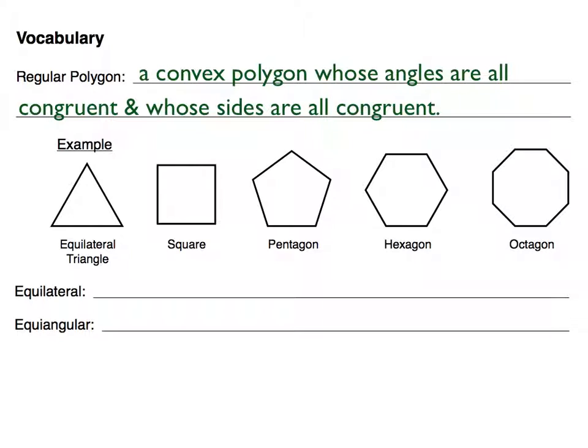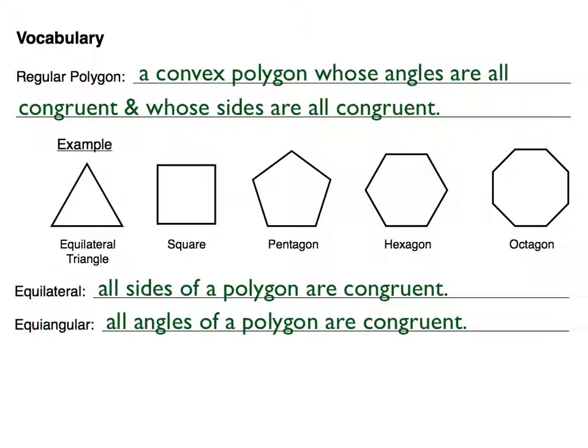Okay. The next two words we have here actually go together. So we have equilateral and equiangular. We've also talked about these ones before. That first part of both of those words, the equa part of it, is just referring to equal. Lateral is talking about the sides, and angular is talking about the angles. So all goes in here. An equilateral is a polygon that has all the sides that are congruent. An equiangular is where all the angles are congruent.